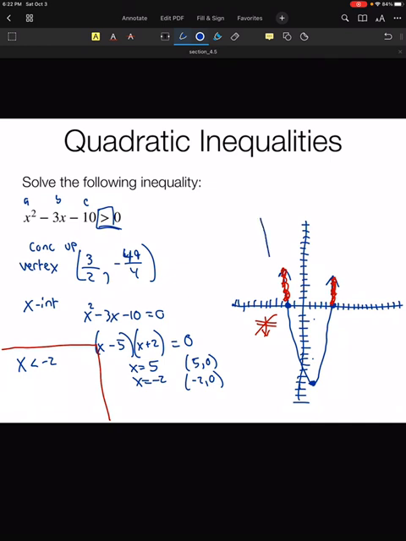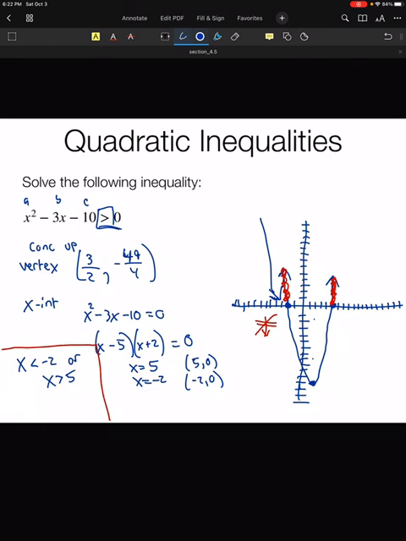So it starts all the way up to when x is -2. Then that stops and we go below 0, and then it starts again, or when x is greater than 5. So that's when we do that.